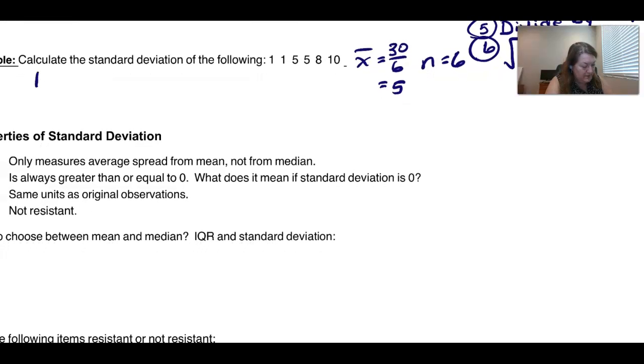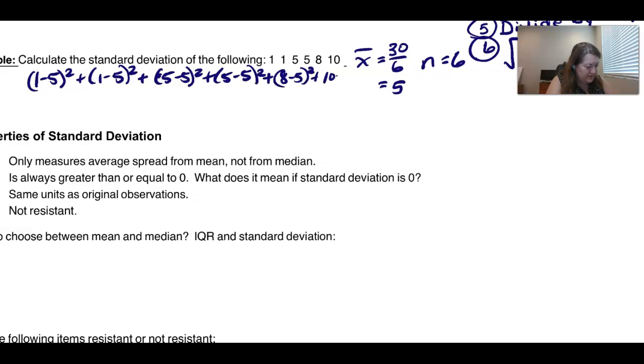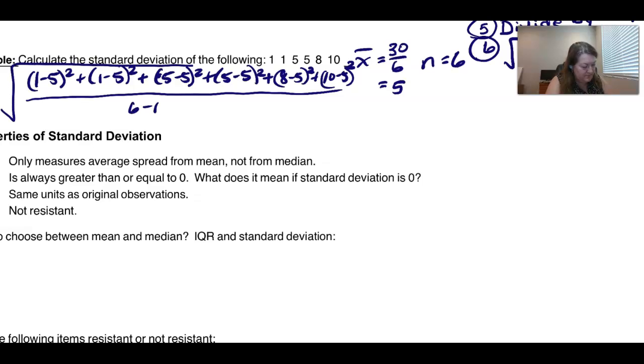I'm doing 1 minus 5 squared plus 1 minus 5 squared plus 5 minus 5 squared plus 5 minus 5 squared plus 8 minus 5 squared plus 10 minus 5 squared. Then I'm going to do that all over n minus 1, which is 6 minus 1, and put them all under a square root. So that is S sub x equals.